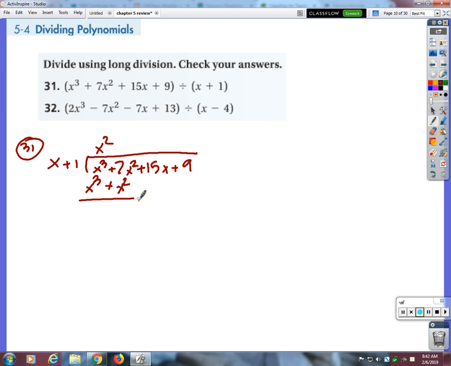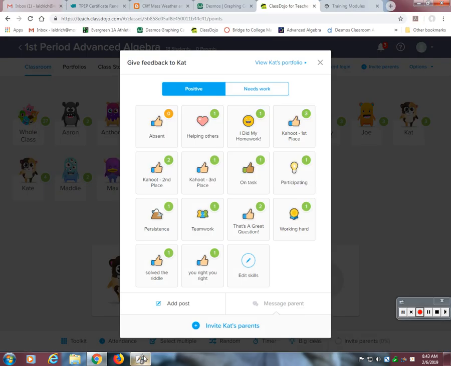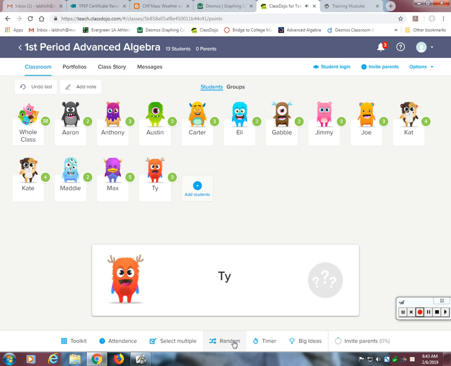And then now we're going to subtract. So x cubed minus x cubed, those cancel. 7x squared minus x squared is 6x squared. When you're adding and subtracting things, the things that you're adding and subtracting don't change. And then you bring down the 15x, and then you play again.